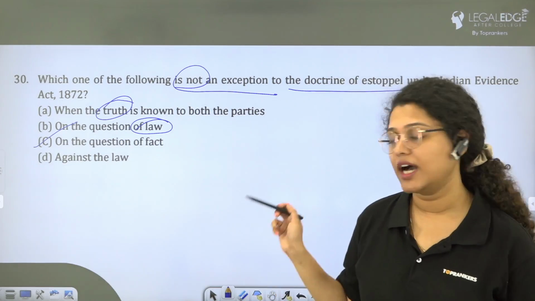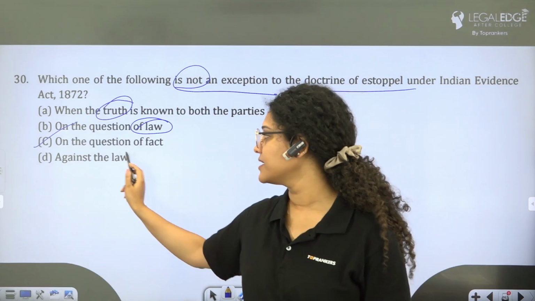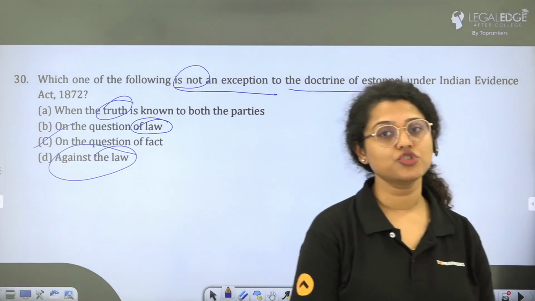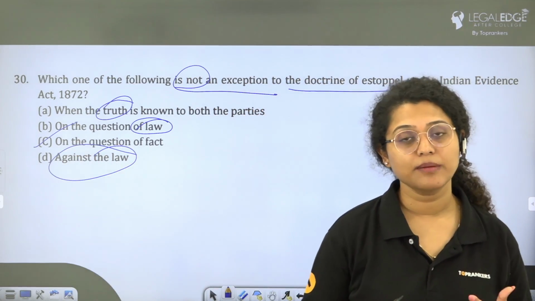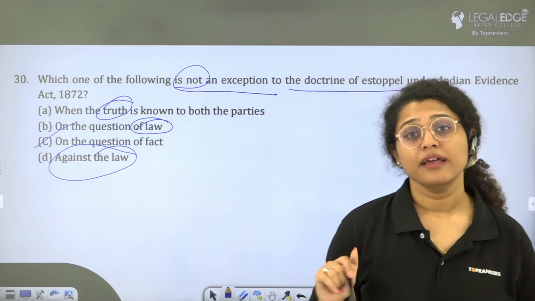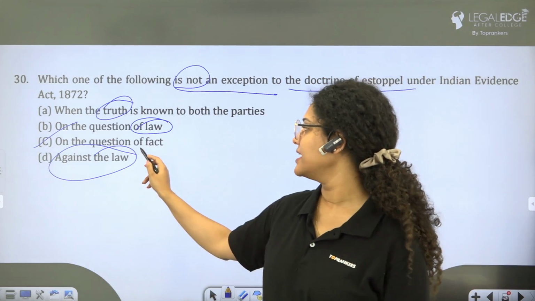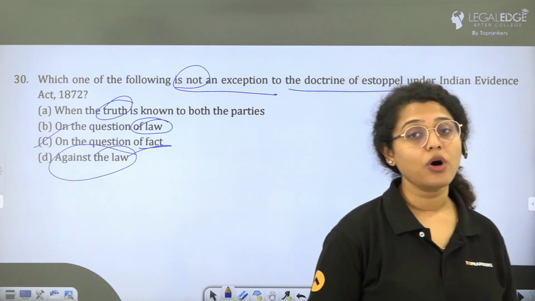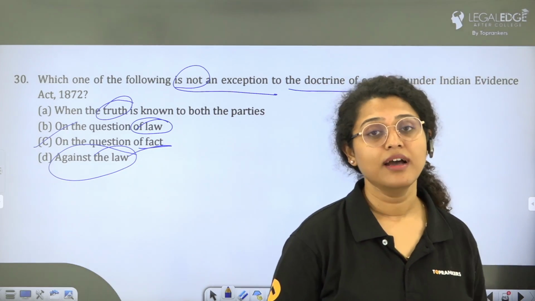So here also it cannot apply. Against the law, it cannot be against the law because you should know what the law is. So if someone tells you a false law, the principle of estoppel does not apply. But yes, if someone is telling you a fact which is false, then the doctrine of estoppel will attract.